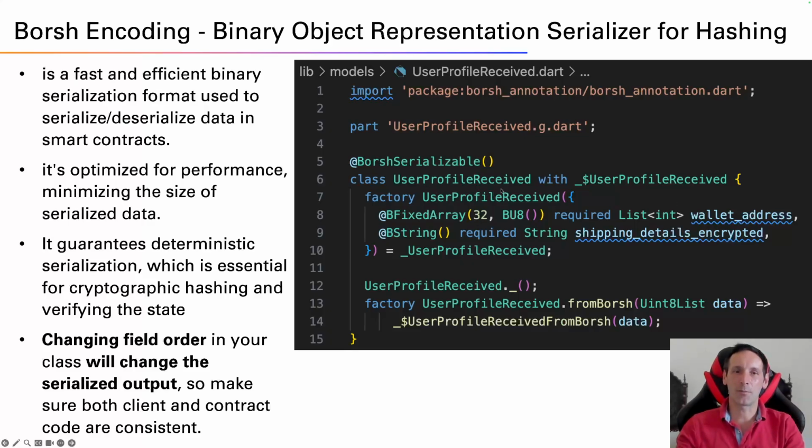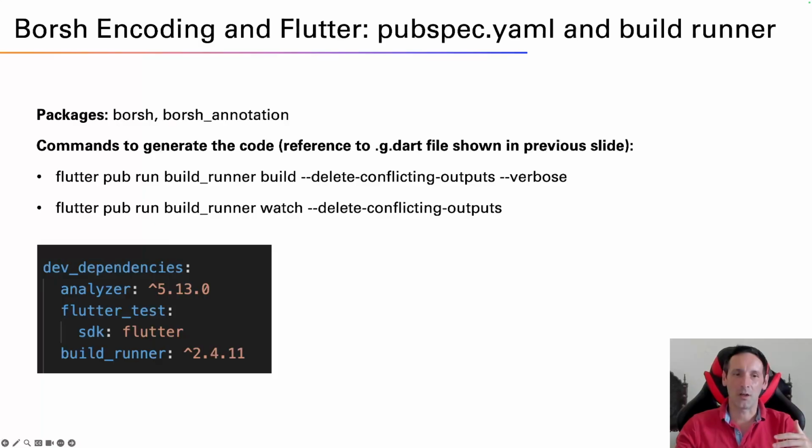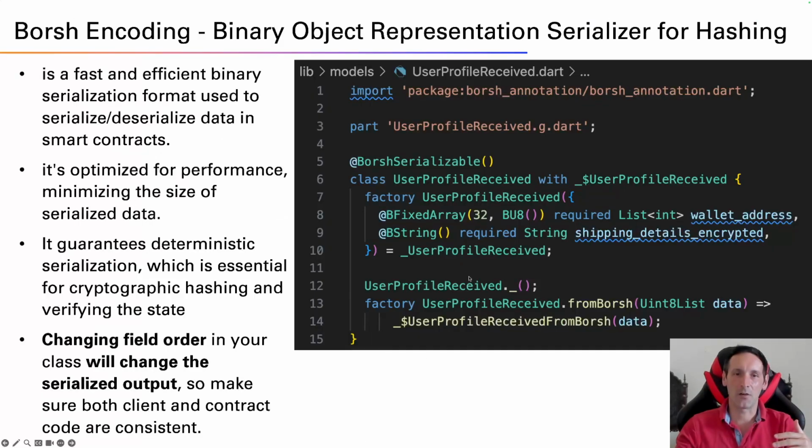I defined the user profile received class, and this one matches the class that is also defined in the smart contract in the Solana program. There is a customer struct there that exactly matches this one. We'll see this in a minute, in the next few slides.